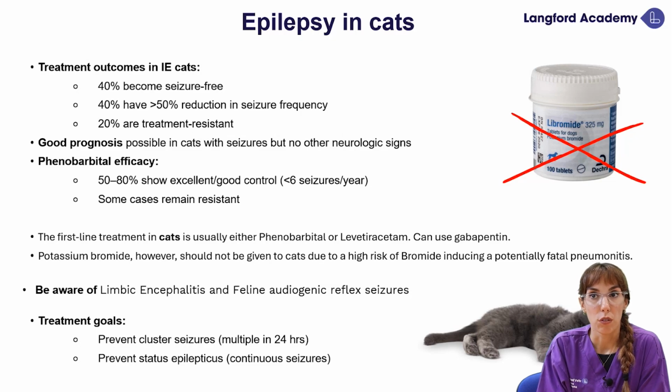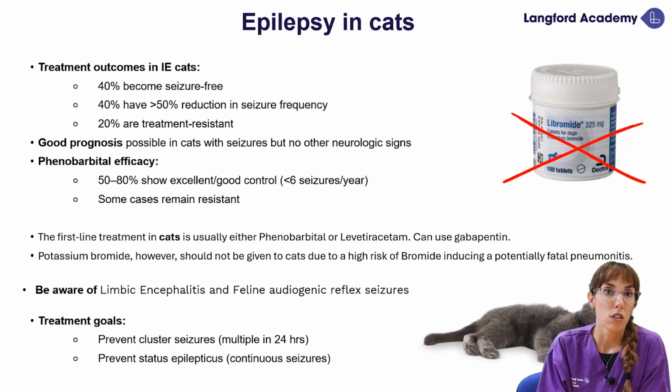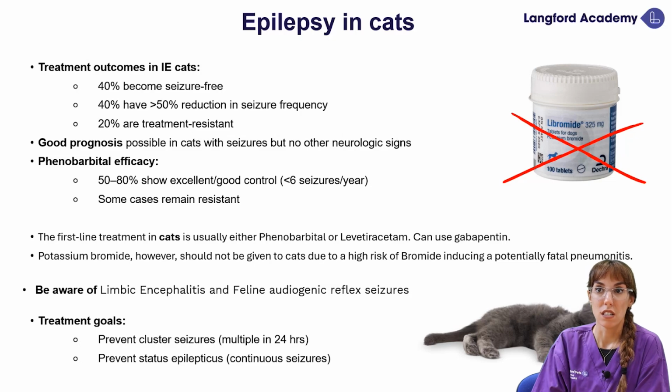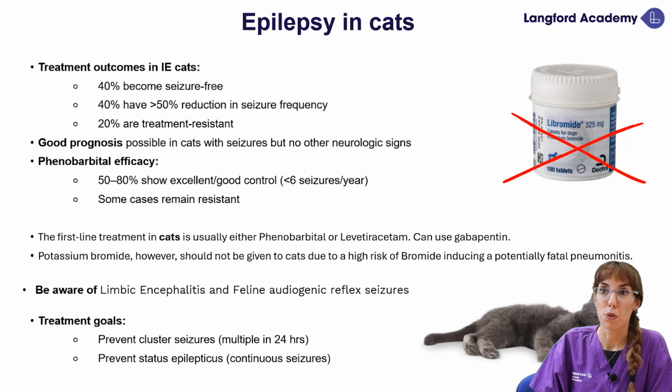Phenobarbital is generally quite effective, and typically, as I said earlier, we start with a bit of a lower dose. And other drugs that we may use in cats include levetiracetam and gabapentin. Remember that potassium bromide puts the animal at high risk of fatal pneumonitis, and so do not use potassium bromide in your feline patients.